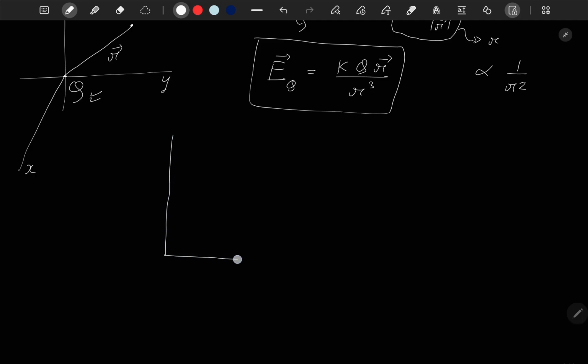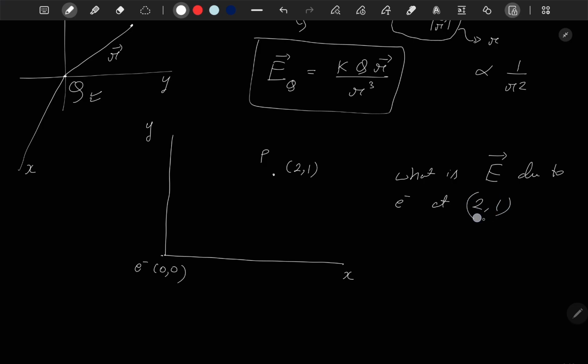Consider a 2-dimensional space. This is x, this is y, and at the origin (0, 0) we have an electron. Now we want to calculate the electric field at some point P (2, 1) due to the electron.